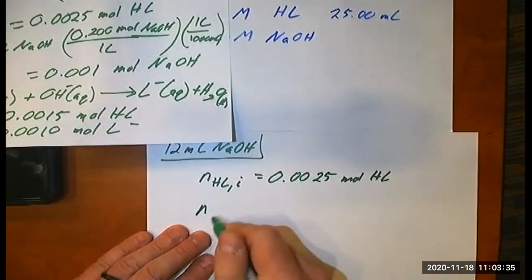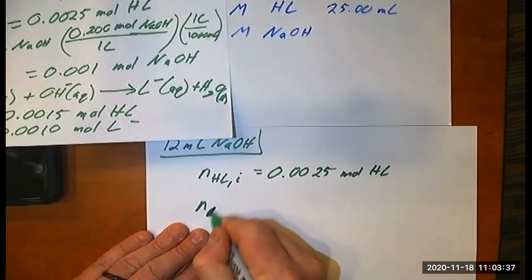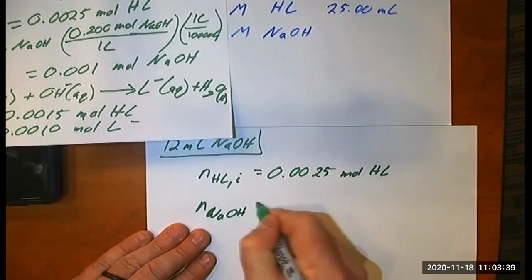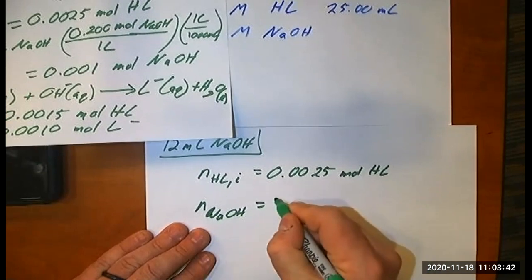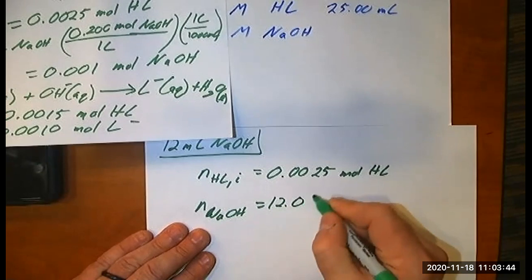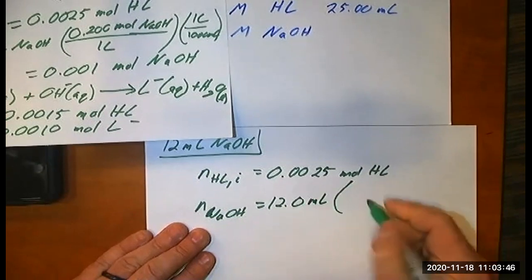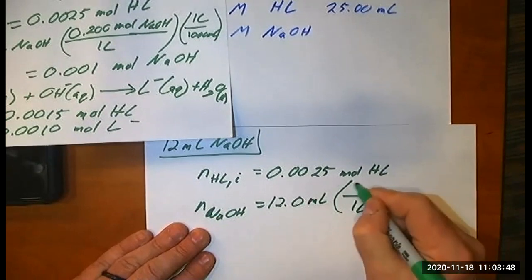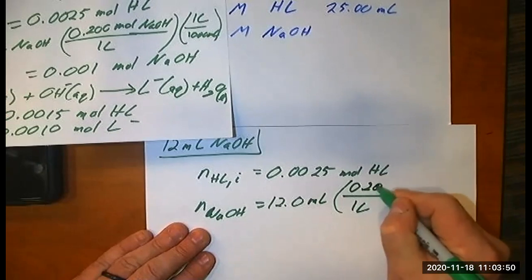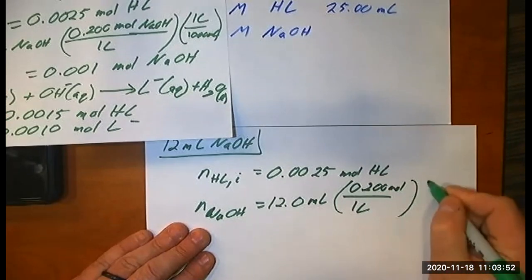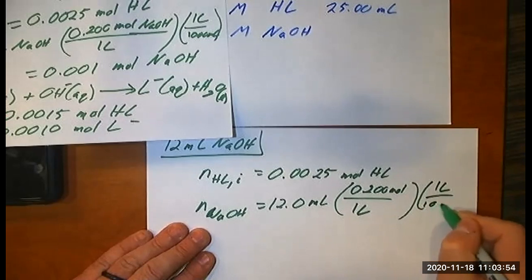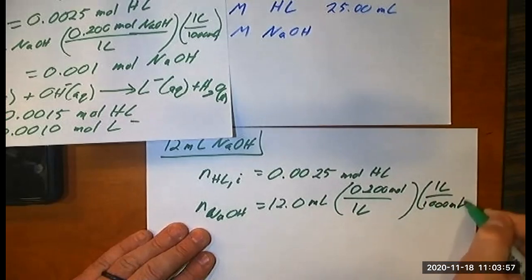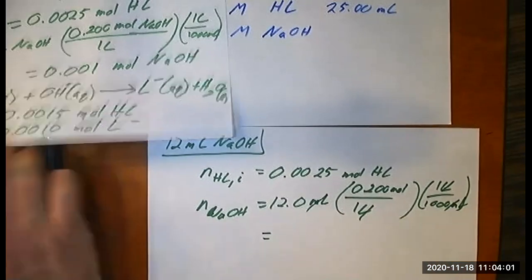Our number of moles of NaOH that we've added is going to be 12.0 mL times 0.2 moles per 1 liter, per 1,000 mL. The mL cancel, the liters cancel, we're left with the moles.